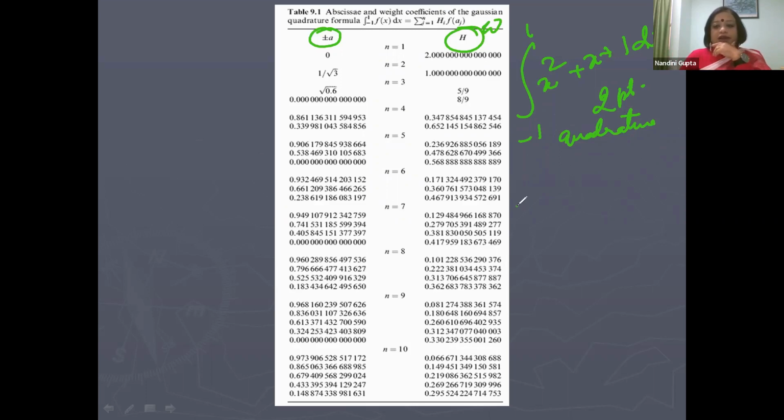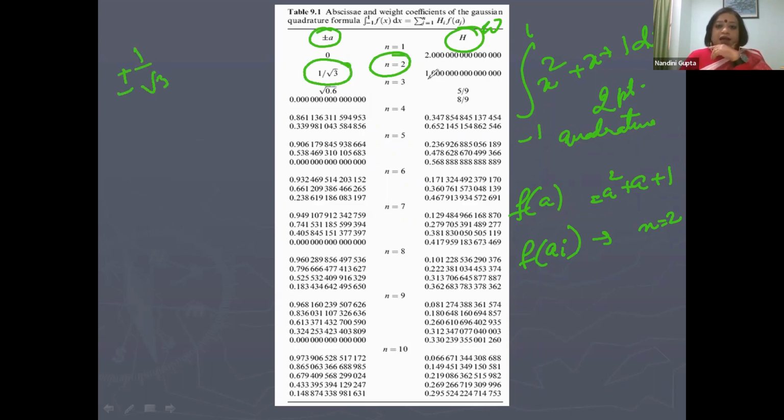So essentially your f(a) is a squared plus a plus 1, and you need to find f(a_i) at n equal to 2. That means 2 points. As you can see here, for n equal to 2, the sampling points are plus minus 1 by root 3, and the weights are 1. Which means you have to find f at 1 by root 3, multiplied by 1, plus f at minus 1 by root 3 into 1.